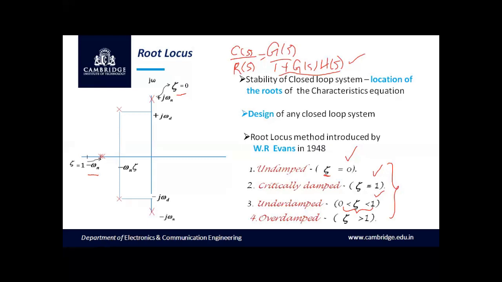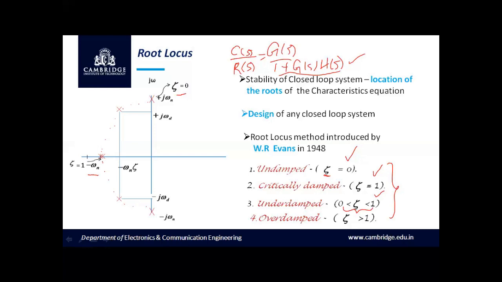When zeta ranges from 0 to 1, we have obtained a few of the roots in particular locations, like in this location, again here in this location, and on the other side in this. So we could see the movement of these poles exactly in these regions when we vary the value of zeta between 0 and 1.